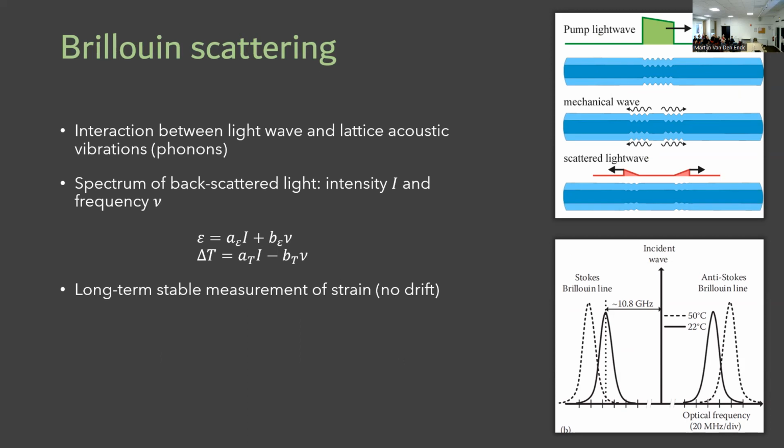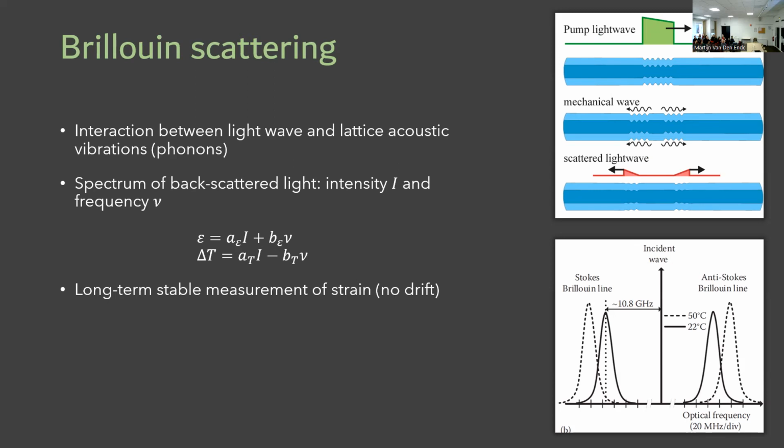So you have these acoustic waves essentially traveling through the glass, causing the glass to resonate. And if you then send in a light wave with a given wavelength, it has some probability of interacting with those acoustic waves that are traveling through the lattice. And this interaction between the optical wave and the acoustic wave causes Brillouin scattering.